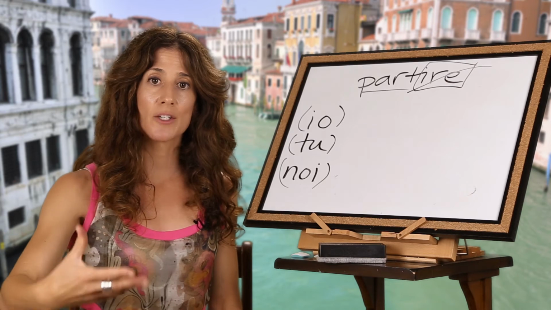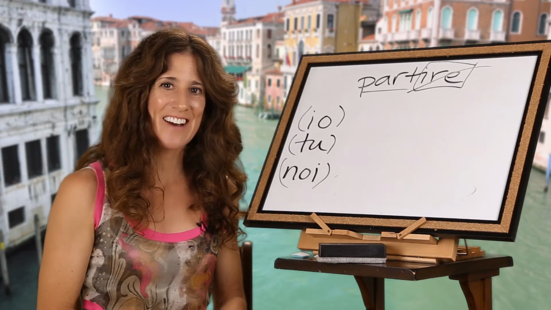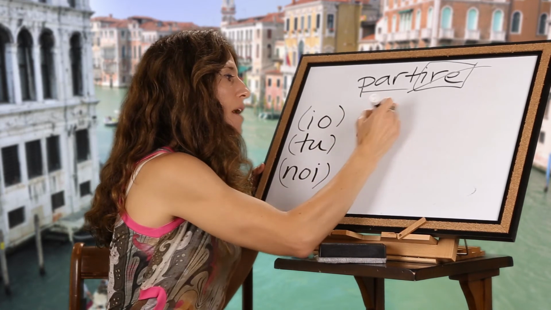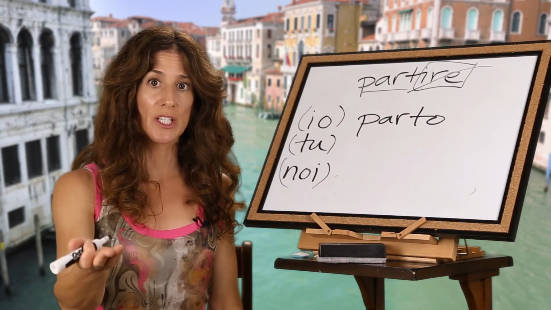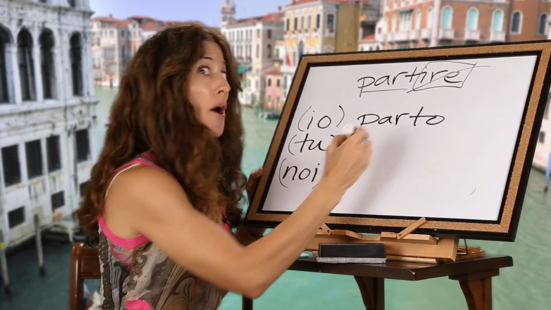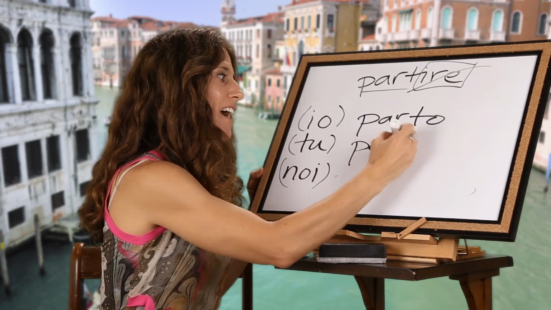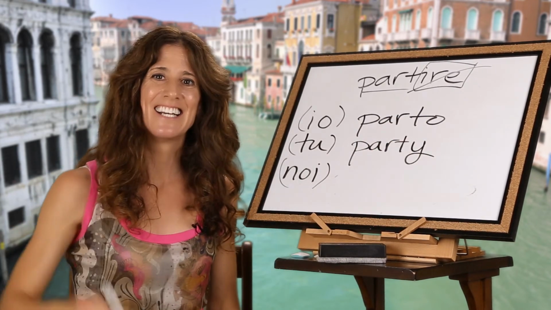And now we're going to put that formulaic ending just like we did with the other two verbs. So to say I depart or I am departing, come si dice? Bravi. Parto. Tu, you, singular. Parti. Not party, like the word festa, party, okay, in English. Parti.